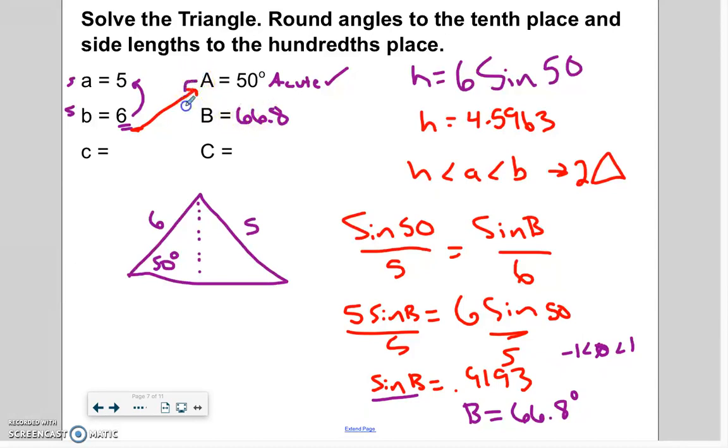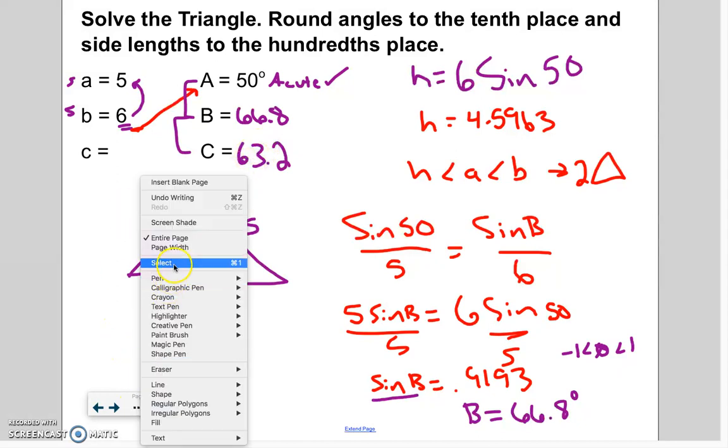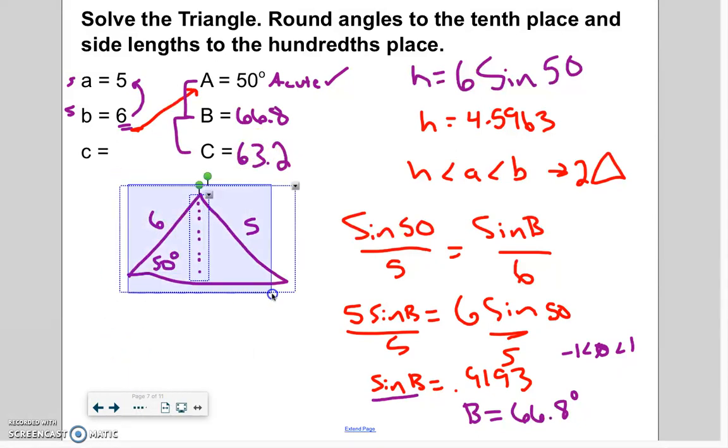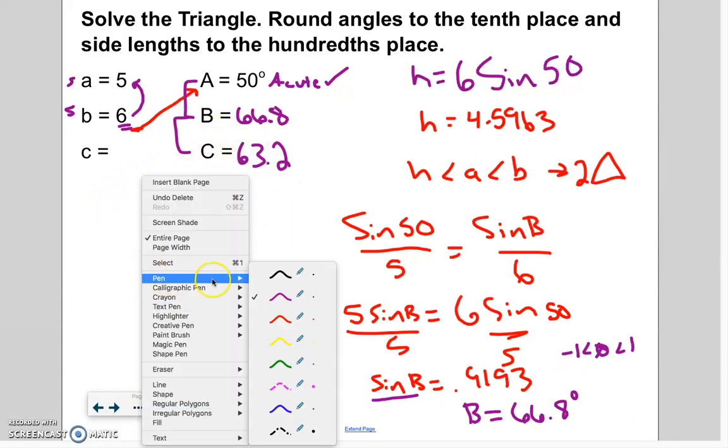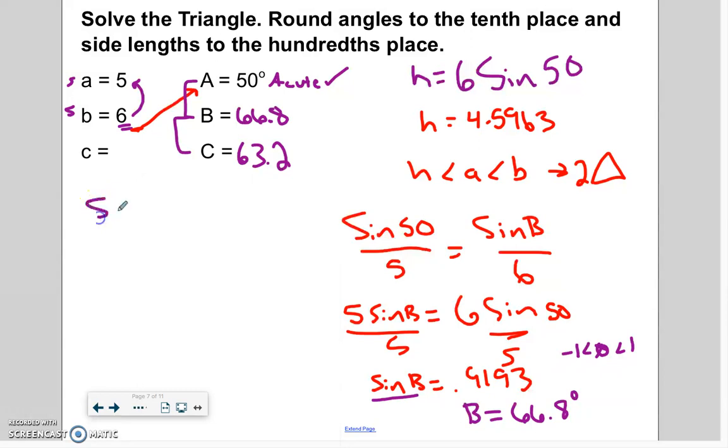And then we go ahead and find measure of angle C, because these three have to add up to 180. We take 180 minus 50 minus 66.8, and we get a leftover of 63.2. I'm going to go ahead and get this picture out of the way here for a minute. And then we do law of sines again. So we're right back to the two scenarios.